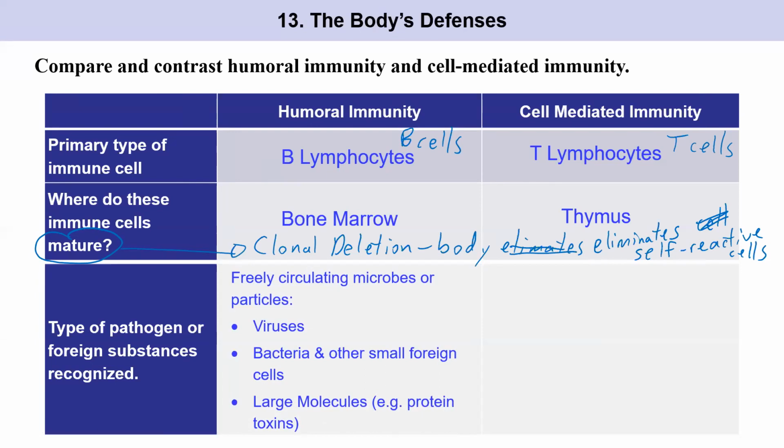So protein toxins, it's our B cell, our humoral immunity that actually reacts against the tetanus and diphtheria toxins, and is completely part of the humoral immunity, and no T cells required. So anything that can really get destroyed by phagocytosis, and we'll talk about that in a couple of minutes here.